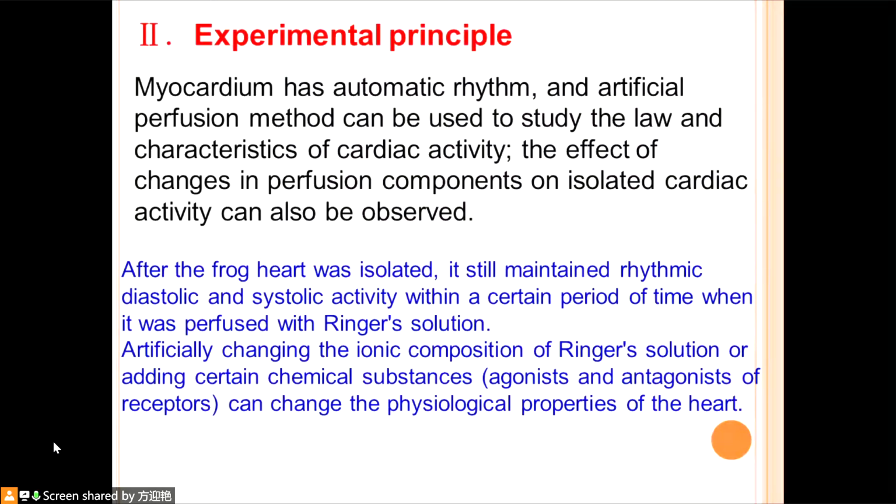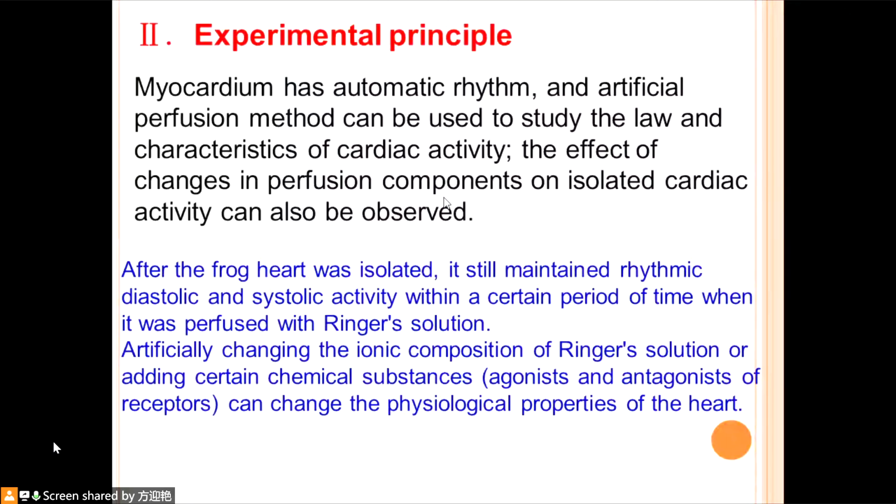The artificial perfusion method can be used to study the law and characteristics of cardiac activities, and the effect of changes in perfusion components on isolated cardiac activity can be observed.